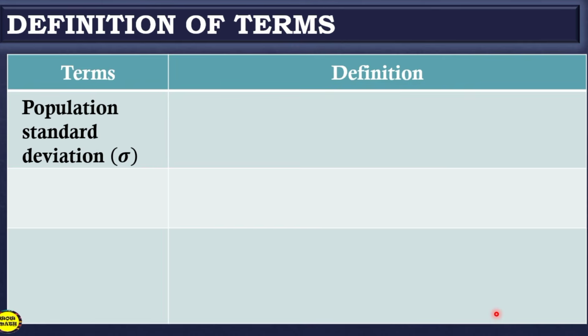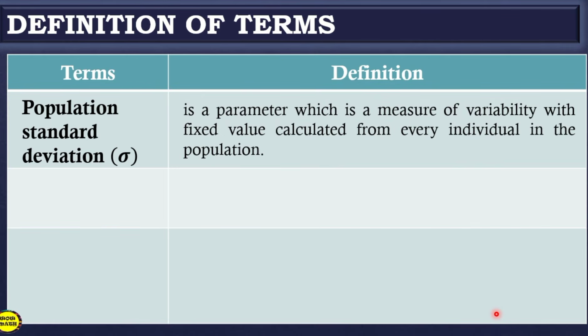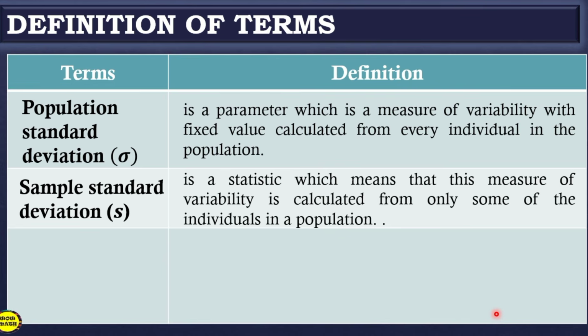So population standard deviation is a parameter, a measure of variability with fixed value calculated from every individual in the population. And always remember yung mga symbol na ginagamit natin, class. The sample standard deviation is a statistic, which means that this measure of variability is calculated from only some of the individuals in a population.